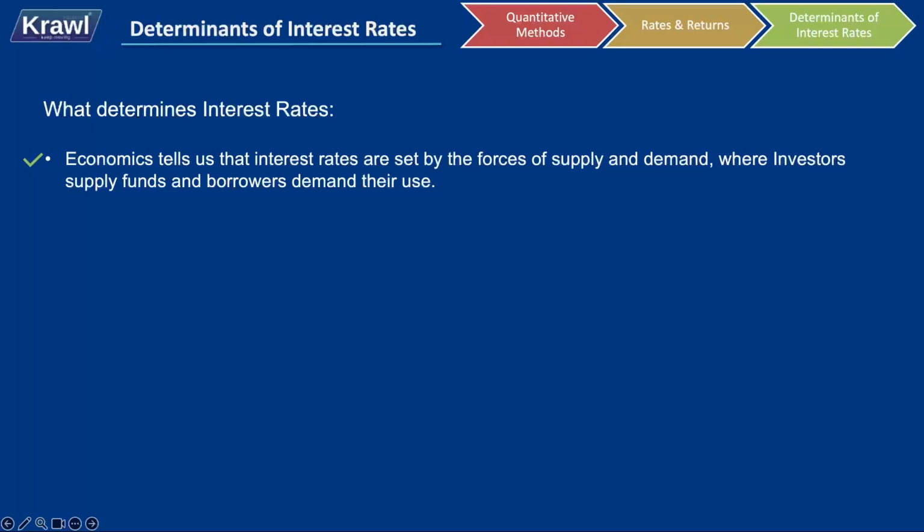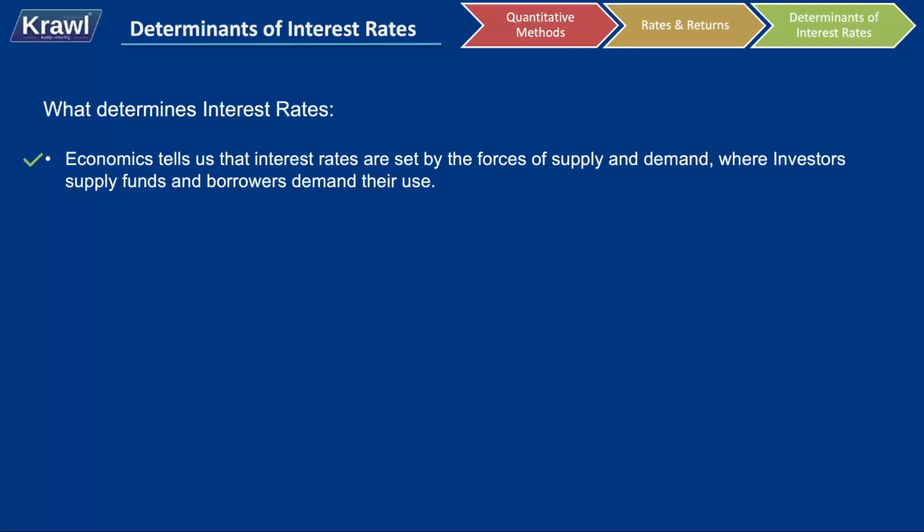Economics, everywhere, in any part of something which needs to be determined economically, is set by the forces of supply and demand. In this case, there is somebody who has the capital with himself or herself, and in the previous illustration that was 9,500 USD. So the person who has in his or her possession that 9,500 USD is a supplier of capital, so as to say.